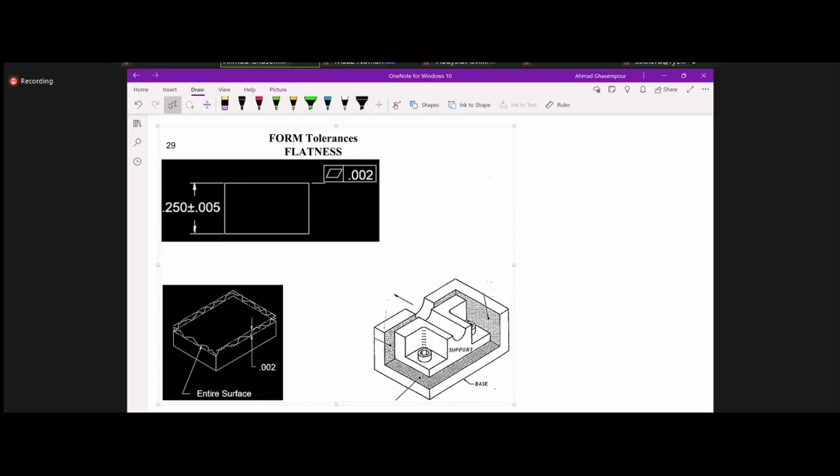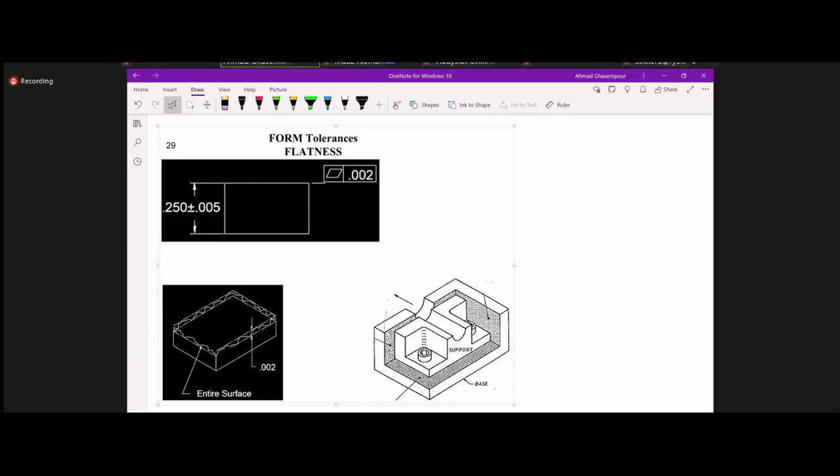We tested the line, and if there was not too much deviation, we accepted the part. Then you zero reset and you check another line. But for flatness, you have to look for any out of tolerance feature over the entire surface, right? So that's what makes it different from straightness tolerance.